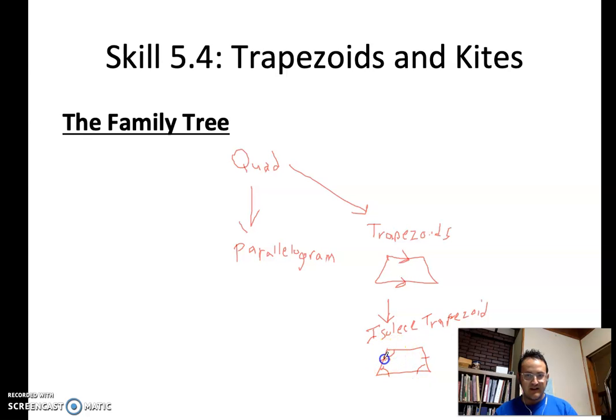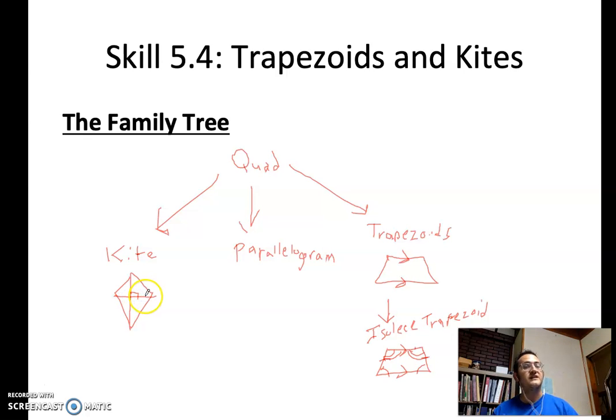So like angles that share the top side, the bottom side, and you still have your one pair of parallel sides. And then on the other part of the family tree, we have what is called a kite, just like maybe what you've flown in the park in the past, and it is actually shaped like that. So some of its features include the 90-degree angle that it intersects at.